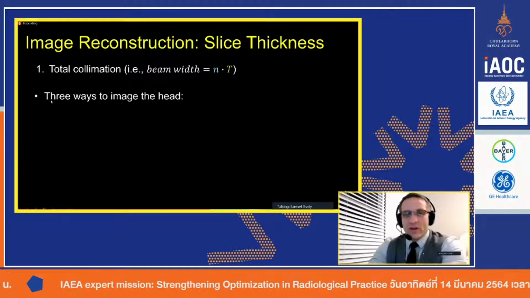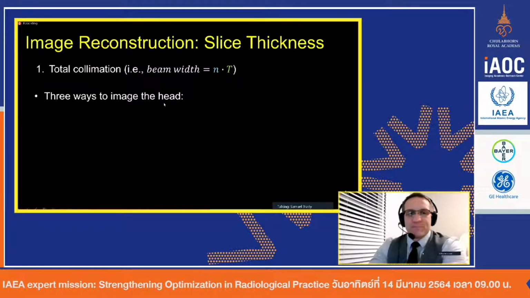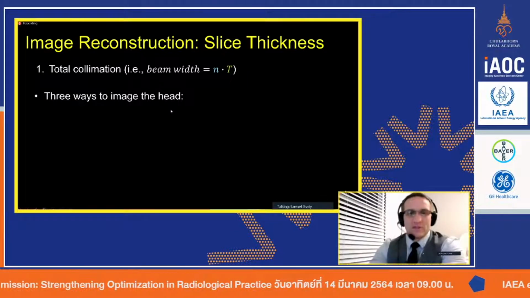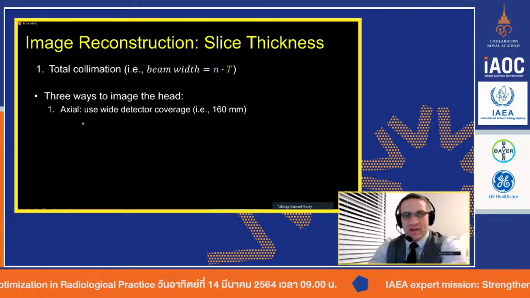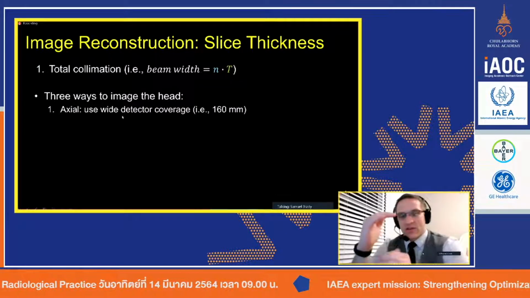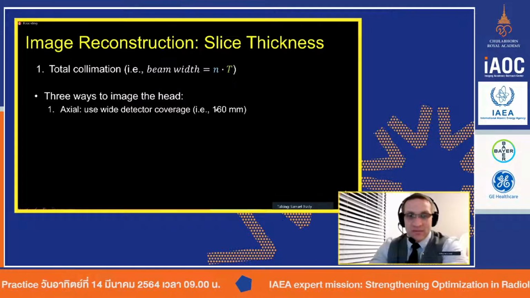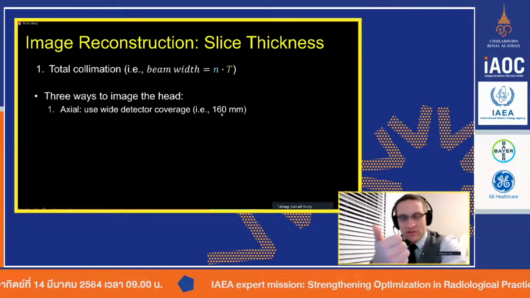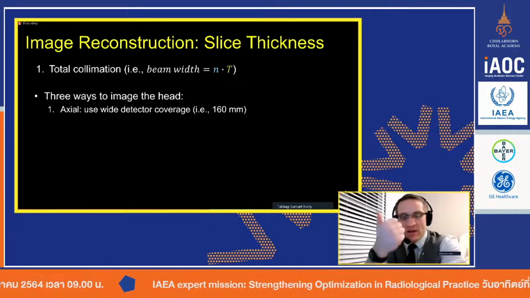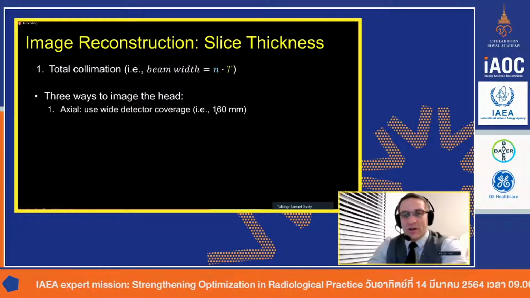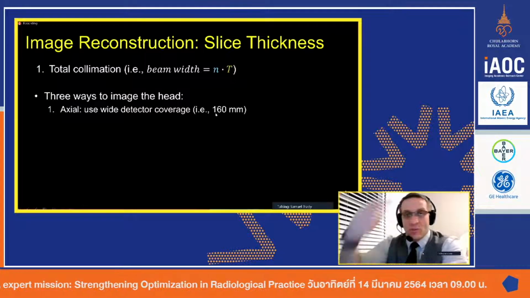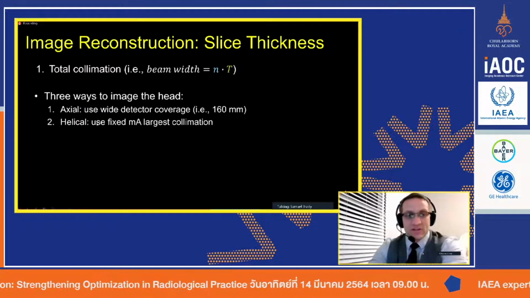There are 3 ways you can think of imaging the head. We can use axial imaging, and that is where we use the widest detector coverage possible. As an example, if you have a Toshiba or the Canon scanners and the GE scanners, you have the ability to image all the way up to 160 millimeters in one single axial rotation.